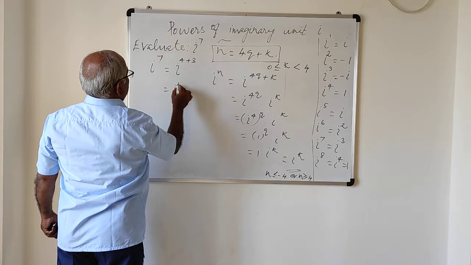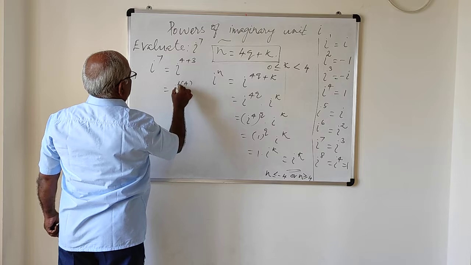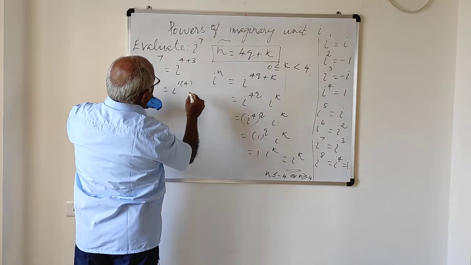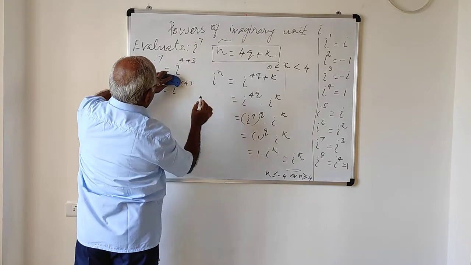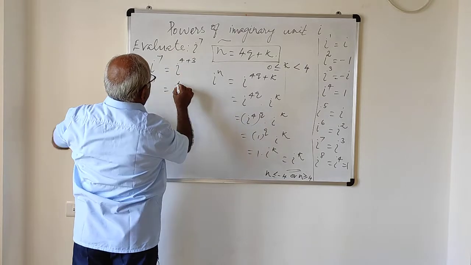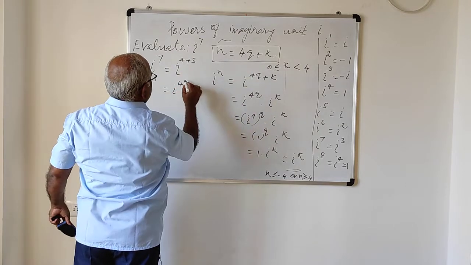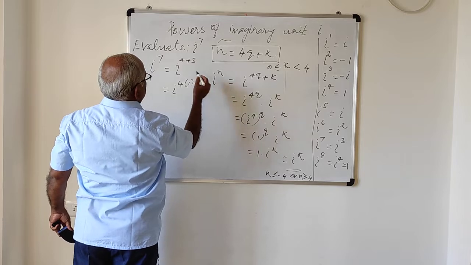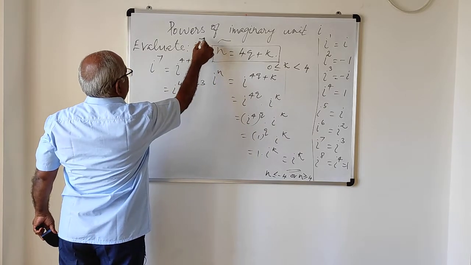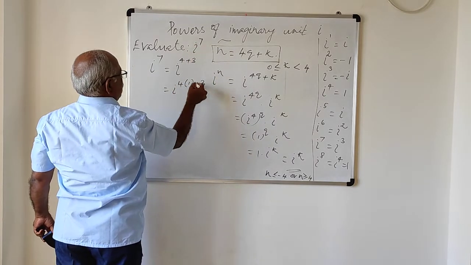So, by division algorithm, 4 times 1 plus 3. See, in the power 7, it has only one time 4 plus 3.